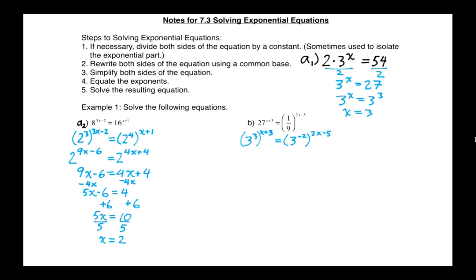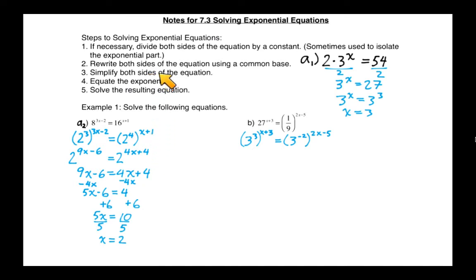Don't forget about negative exponents: 3 to the minus anything is 1 over 3 to that same exponent, the positive version, the opposite. So we get a reciprocal of 3, 1 over 3, and then square it. That's 1/9.